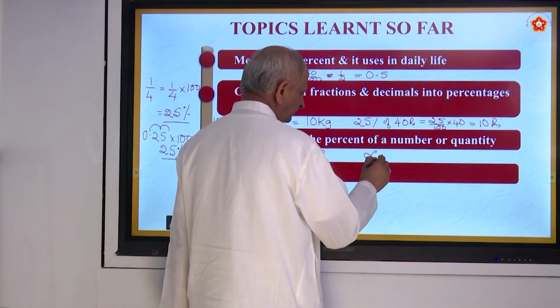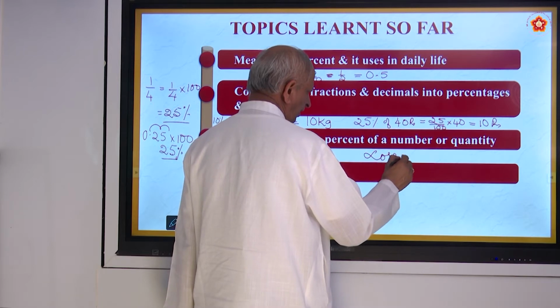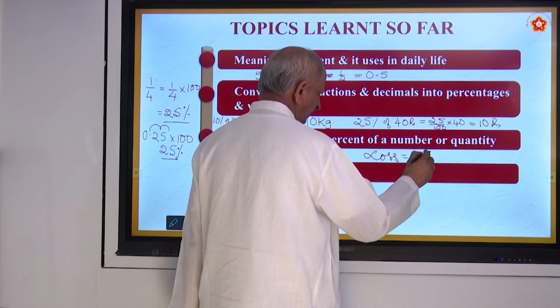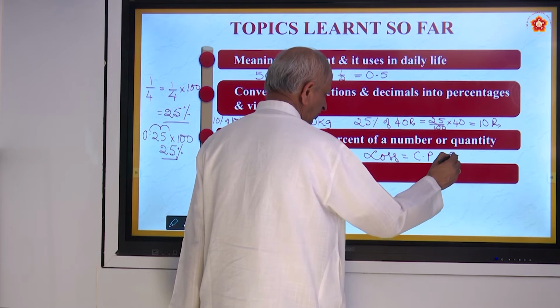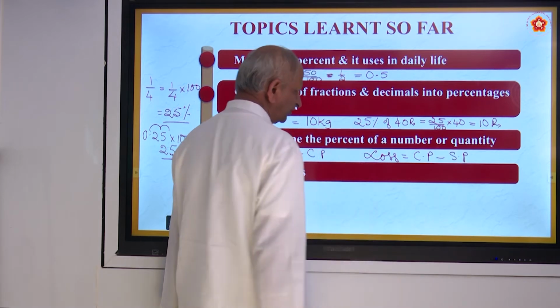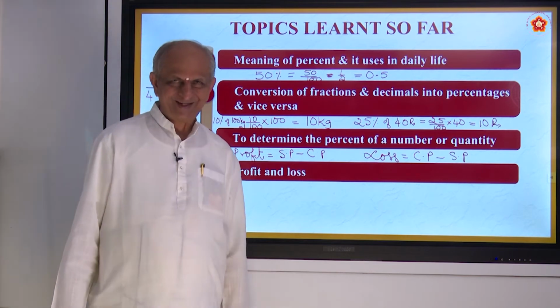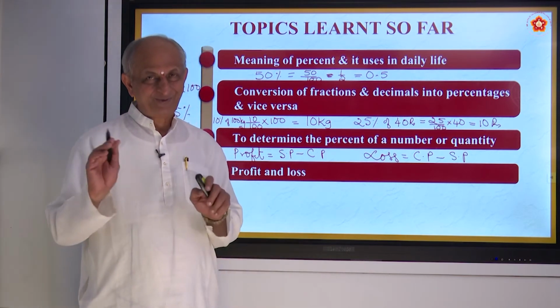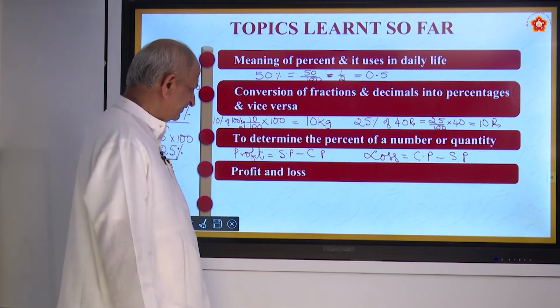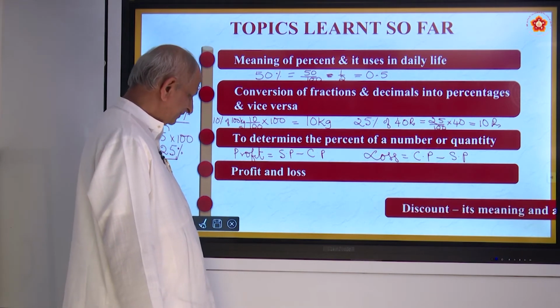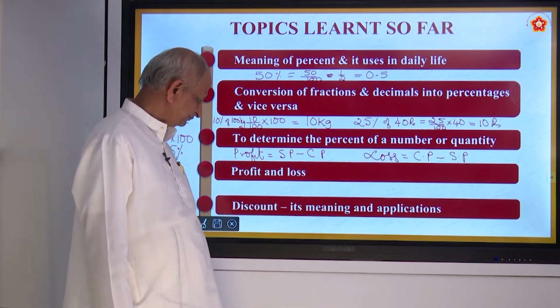When you get loss, loss will be when the selling price is less than the cost price. Of course, in business, people will not do it at a loss, always try for profit, but sometimes get loss also.